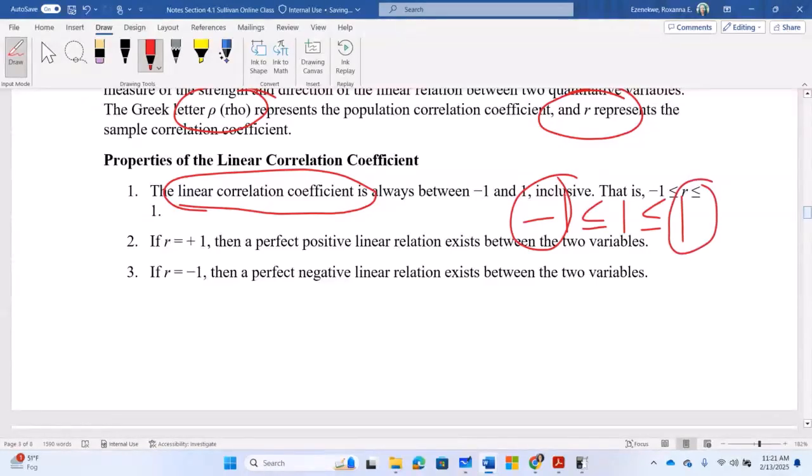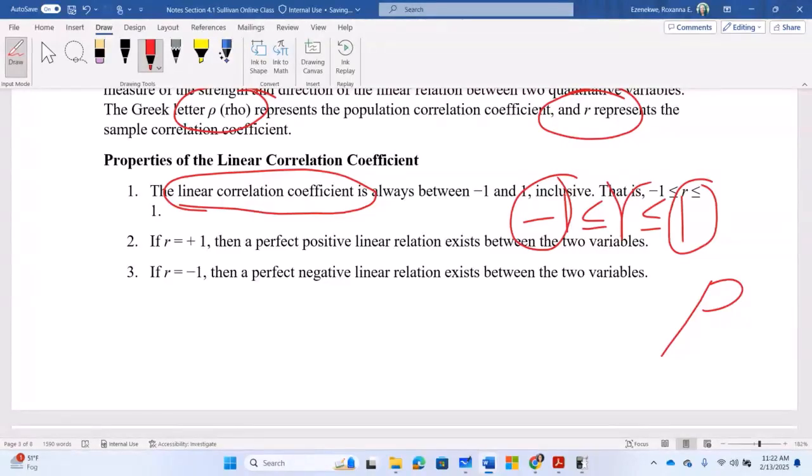If R is equal to 1, we shall say perfect positive linear relationship. And by the way, this is small r, the statistic. If it is the Greek letter rho, that is the parameter. Spearman's correlation coefficient.